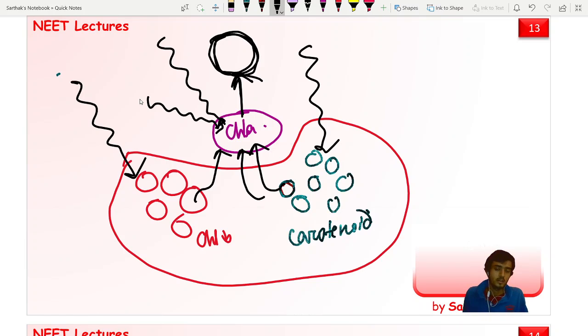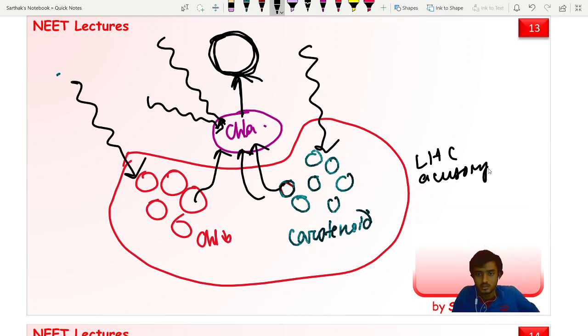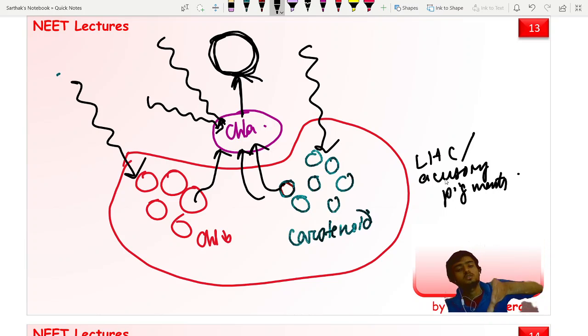So the accessory pigments, this light harvesting complex, transfer the energy to chlorophyll A. Sorry, this is not the primary acceptor.